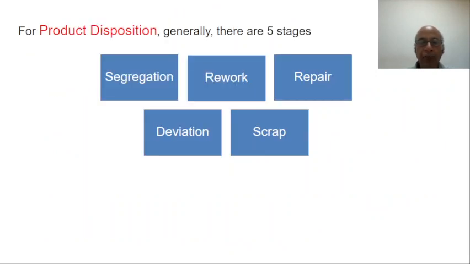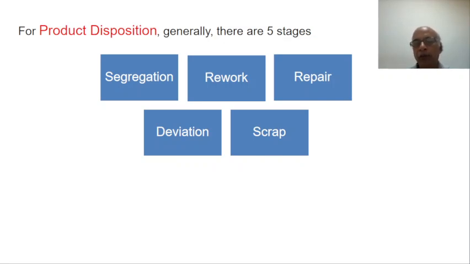Dear friends, when we talk about product disposition, generally there are 5 stages. Segregation, you do whenever you have some suspected NG parts. You do rework activity when you find the part is not conforming. You do repair when you find the part is not conforming.